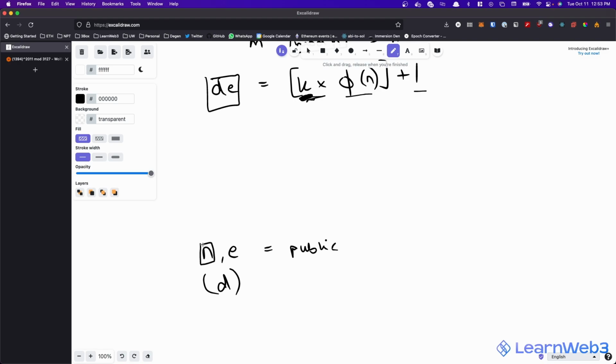that p and q must be chosen to be very large and secure numbers. If the values of p and q were not prime numbers, and if they were just any random numbers, it makes it significantly easier to find factors for n, right?